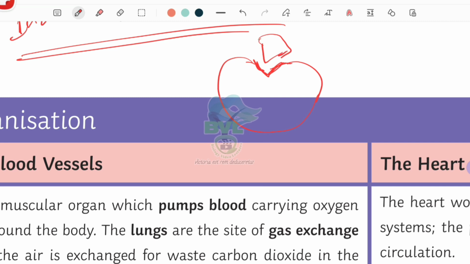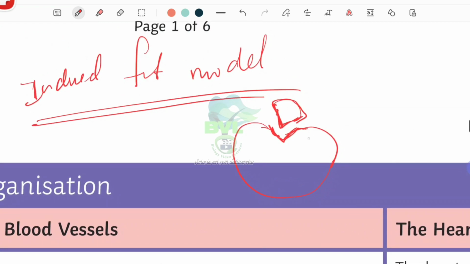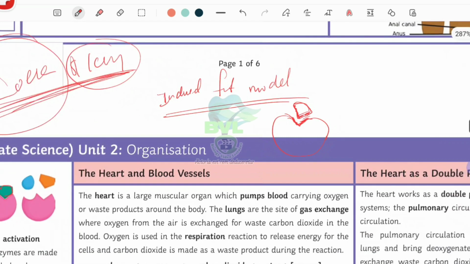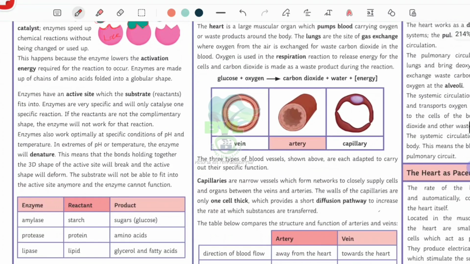Rather, when the substrate binds to it, the active site changes its shape to allow the substrate to fit in. Let me say that again. The induced fit model explains that the shape of the active site is not totally complementary to the shape of the substrate. Rather, when the substrate binds, it changes its shape to accommodate the substrate. That is what the induced fit model refers to, and you need to know that.